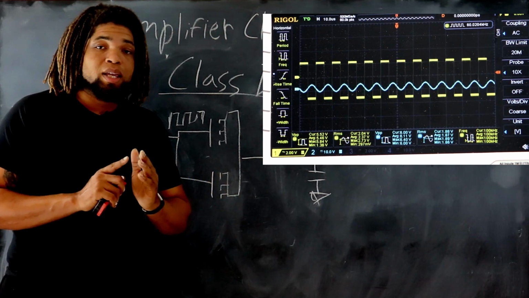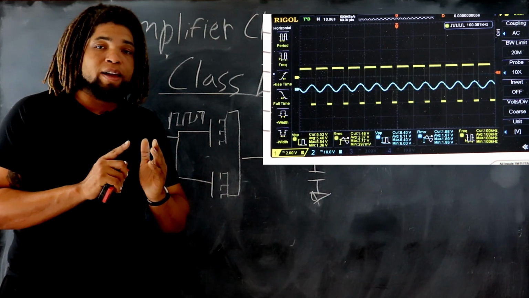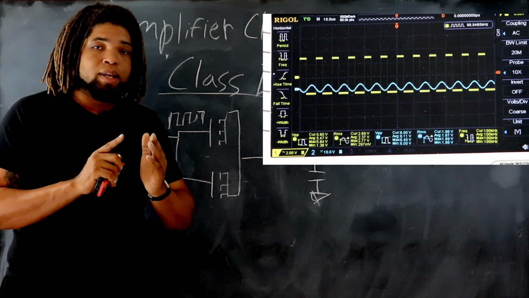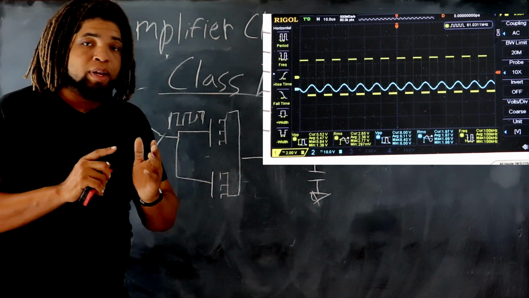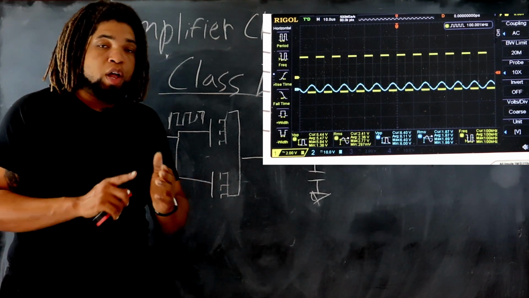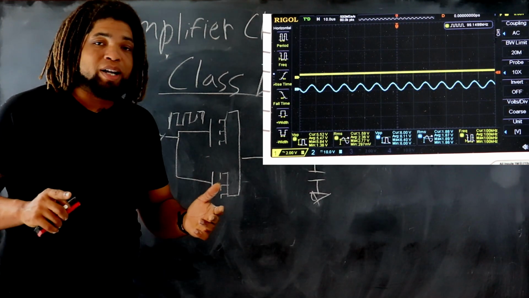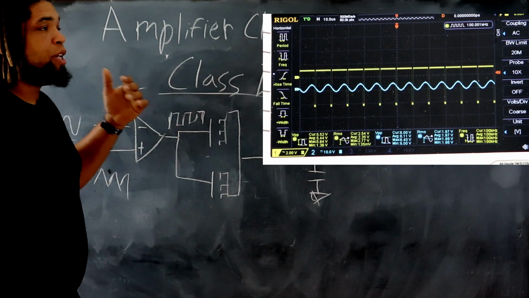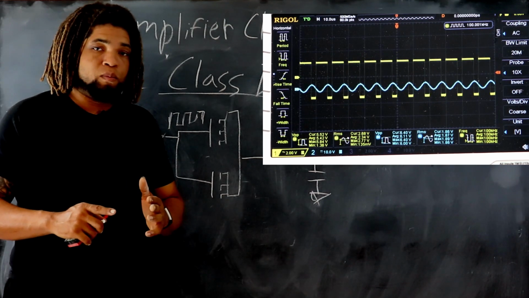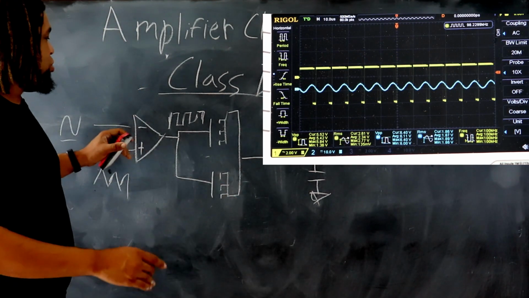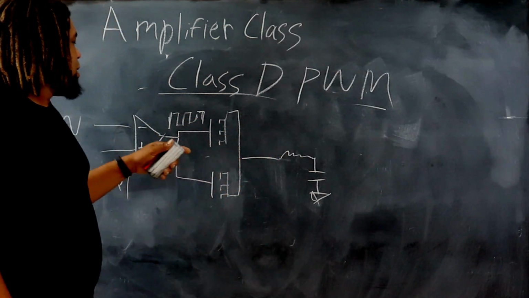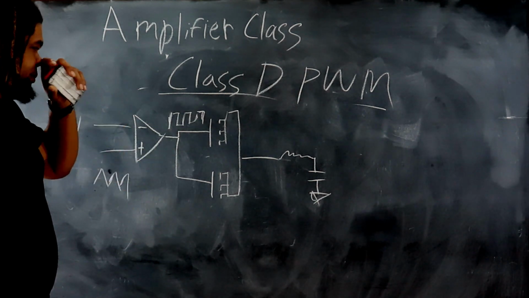And as you can see, the width of the square wave is pulsating, and it's getting smaller and larger, depending on the amount of input signal. The wider it gets, the louder it gets, meaning the larger the sine wave is. The smaller it gets, the quieter it gets. That's where you get your amplification factor in a pulse width modulated Class D amplifier.